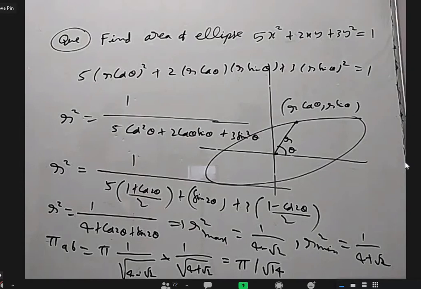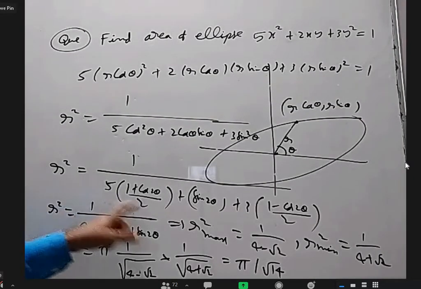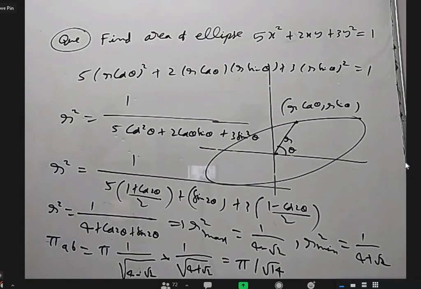Is it all right? Yes, sir. Anybody want to tell me what is the theta for which this will attain maximum? This will attain maximum if the denominator attains minimum, or vice versa. Tell me the theta for which it will attain maximum or minimum.